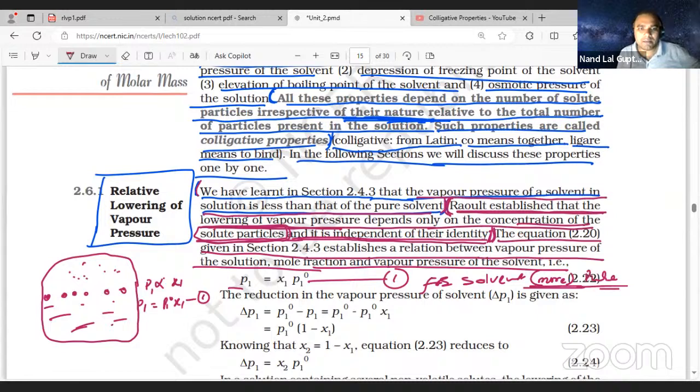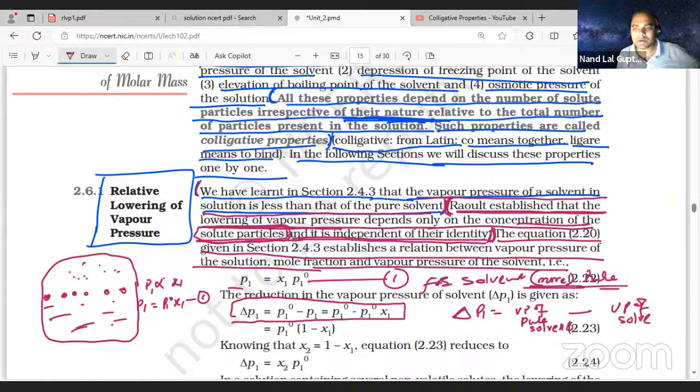So delta P1, how can we write it? Delta P1 is equal to the vapor pressure of pure solvent minus the vapor pressure of solvent in solution. We cannot take the solute, since it is a solid solute.